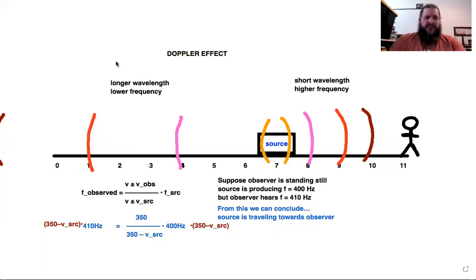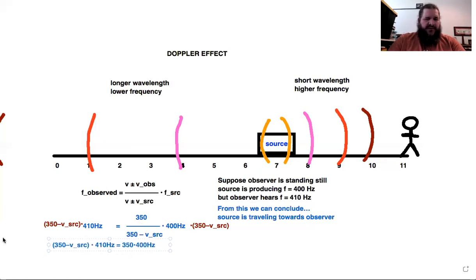Then those cancel out. So we get 350 minus V source times 410 equals 350 times 400 hertz.